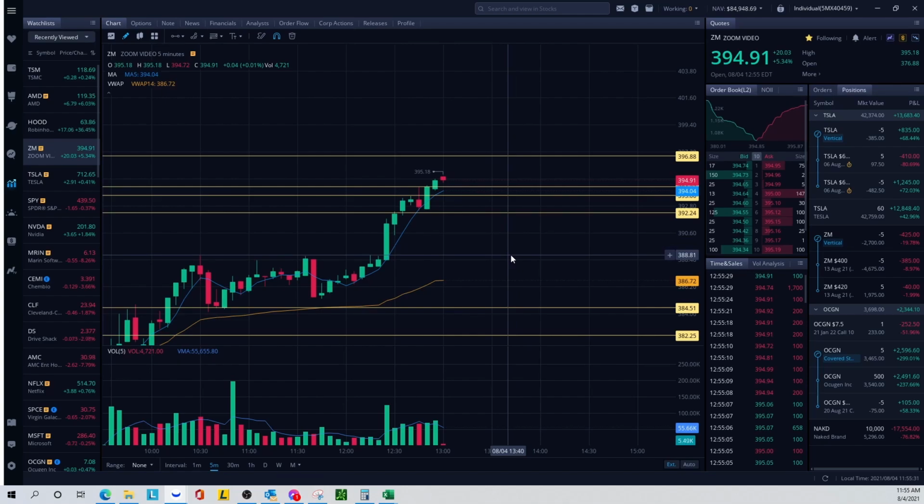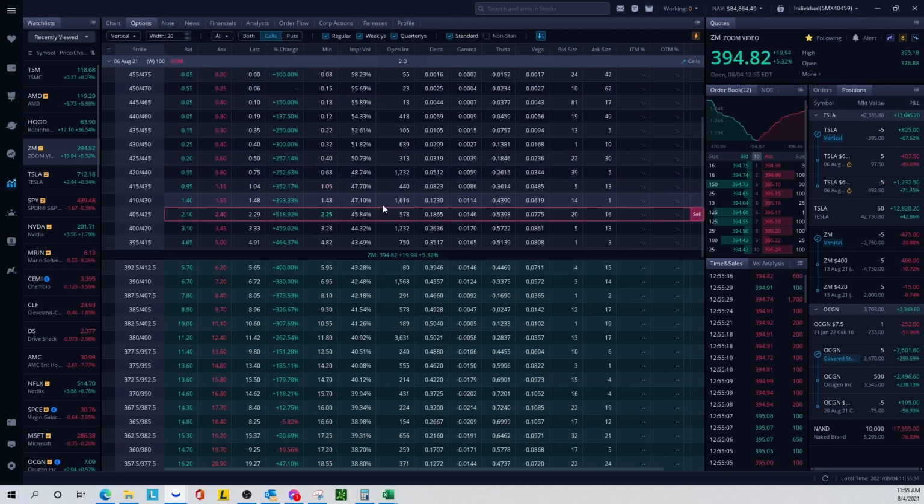As it moves up, again, the premiums get higher. See here, premiums for each of these strikes actually get higher, and you see the percentage change on all of these increasing. Delta has moved from 0.179 back up to 0.186 or so.